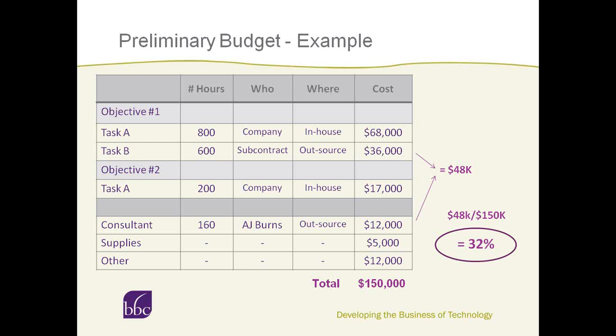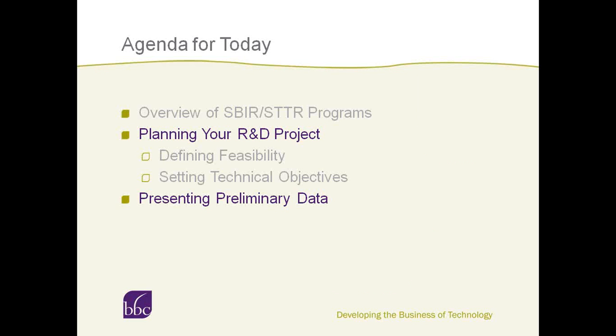But by doing a preliminary budget at the planning stages, we now have plenty of time to go back and fix things to make them meet the requirements. If we wait till 2 weeks before the deadline and try to do this, we have a very difficult time of restructuring and renegotiating. Okay, so a very important part of this planning.